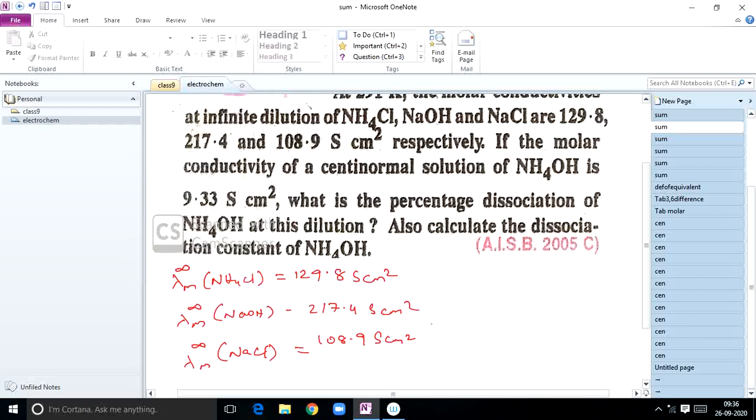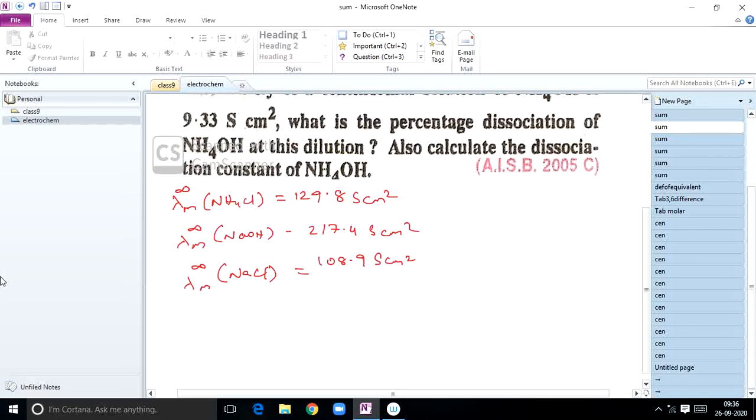So you know what he is asking here, you have to bring out the relation. He is asking lambda m naught of the weak electrolyte ammonium hydroxide. These three electrolytes are given and he is asking the lambda infinity value of ammonium hydroxide. Already I explained in applications of Kohlrausch law how to bring out the relation among them.